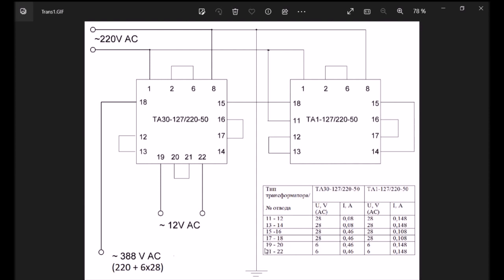Low voltage secondary windings are also usefully utilized here. We get them in series and obtain 12 volts alternating current. It can be easily rectified and used for some linear circuits in our scheme.